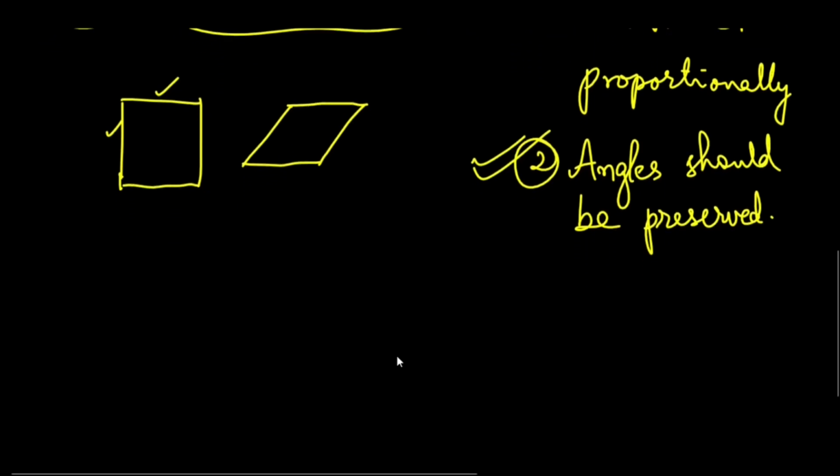To generate similar polygons, we have to observe these two conditions. For the smallest polygon, that is triangle, we need not check both these conditions. These conditions are interdependent in case of triangles.